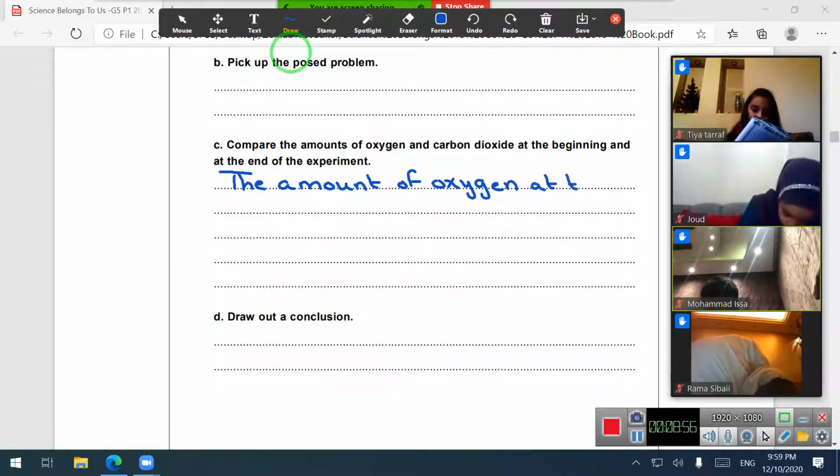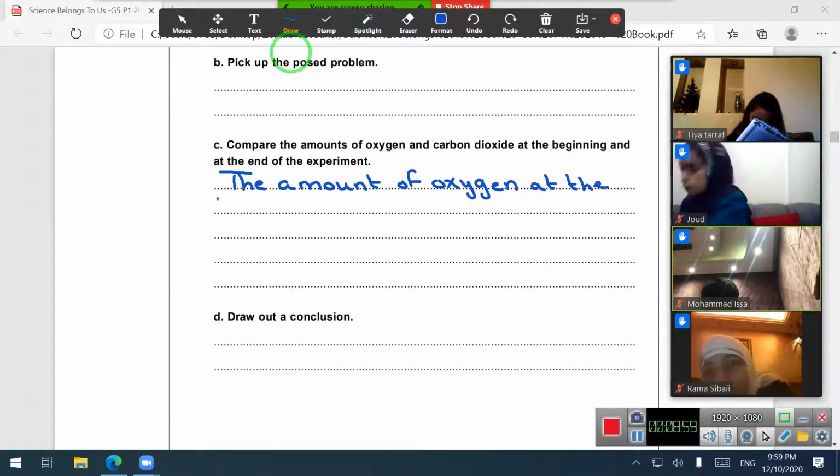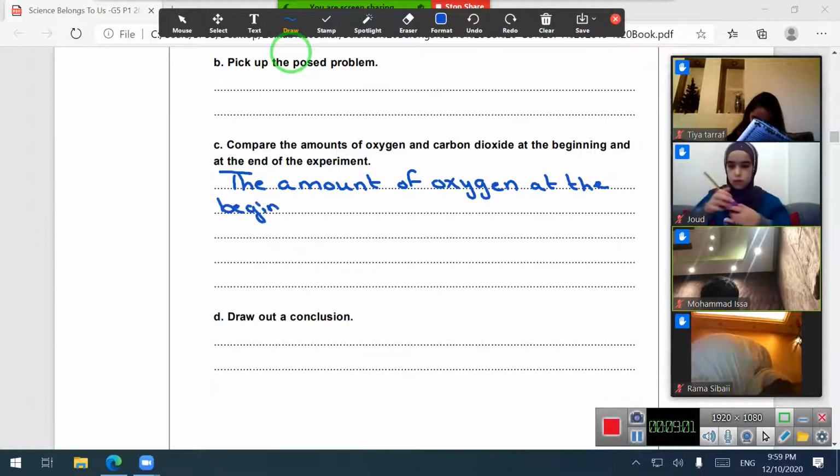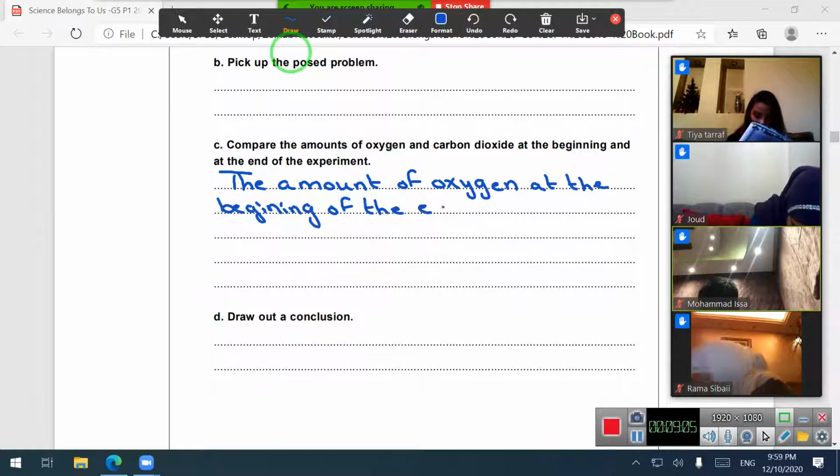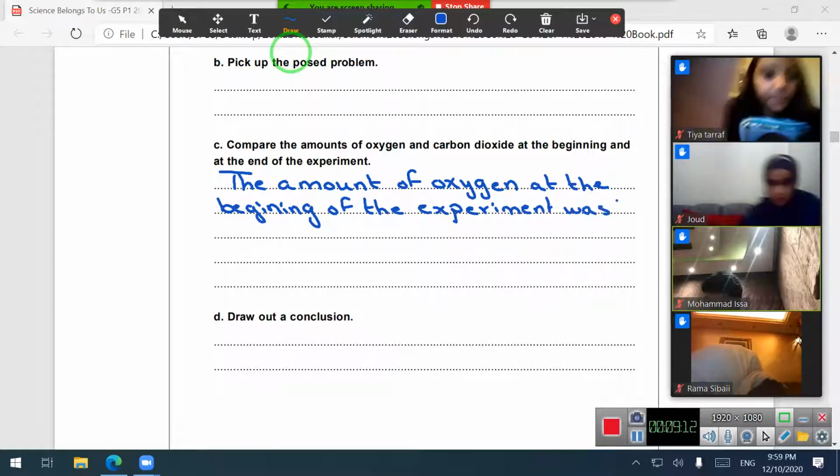at the beginning of the experiment was 15 milligram per liter.